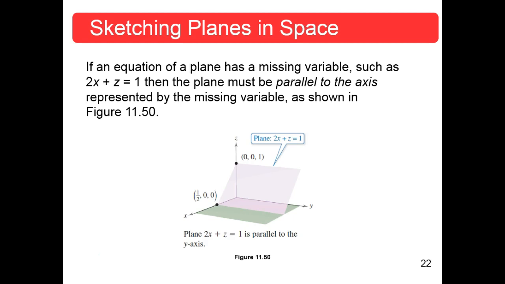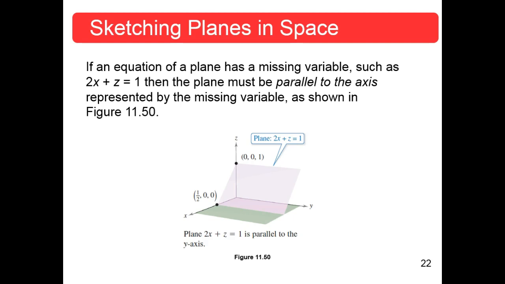Okay. 2x plus z is equal to 1. Obviously, when z is equal to 0, x is equal to 1/2. So 1/2, 0, 0. And when x equals 0, z is equal to 1. So 0, 0, 1. Okay. Because there is no y in it. So here's your line that crosses here, but that line is everywhere. So that defines the plane here. So that's what it's saying.